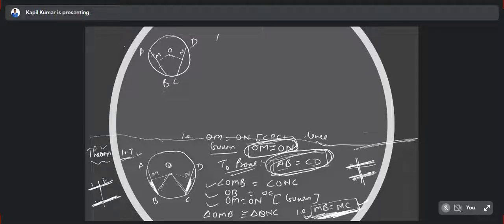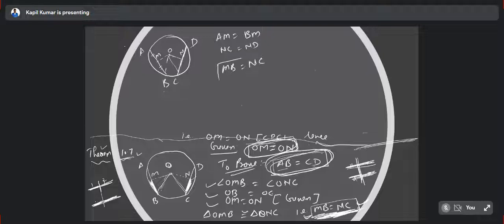Means we know that AM is equal to BM for this chord, right? And similarly, NC is equal to ND. For CD, this half distance is equal to this one. Okay. Now in these two triangles, by proving that they are congruent, we got that MB is equal to NC.